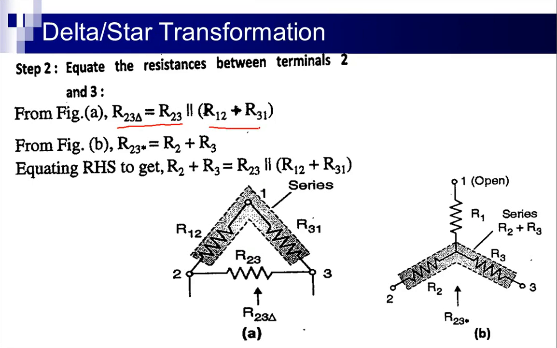Similarly, to find the value of R23 in star connection, add the resistances between terminals 2 and 3, that is R2 plus R3, because they are in series connection. Give this as equation number 4. Give this as equation number 5.